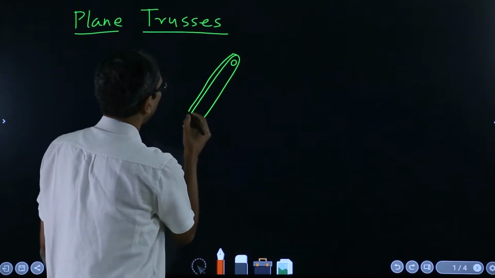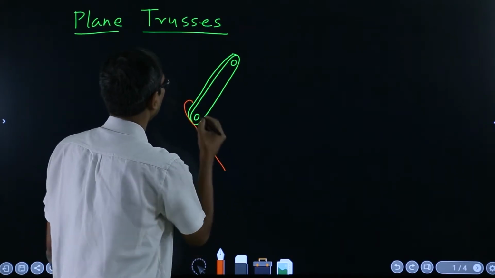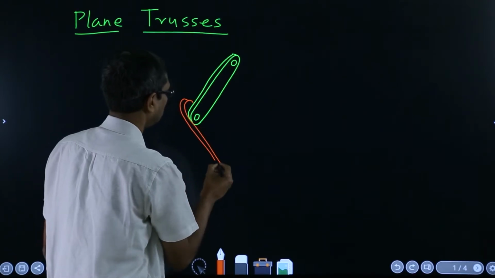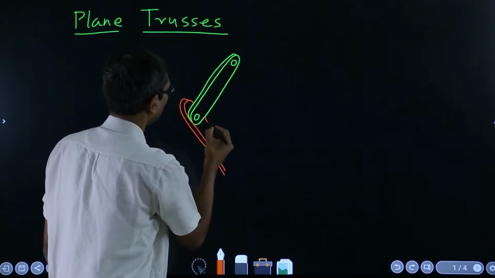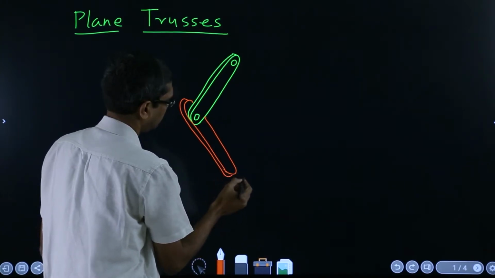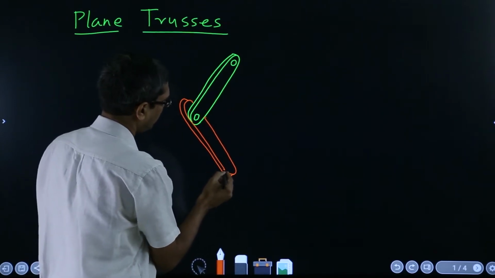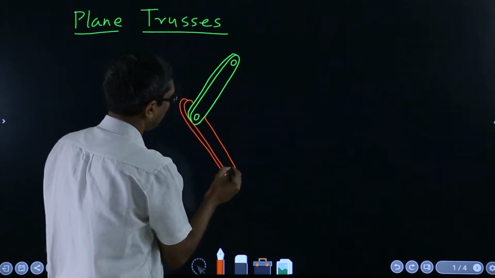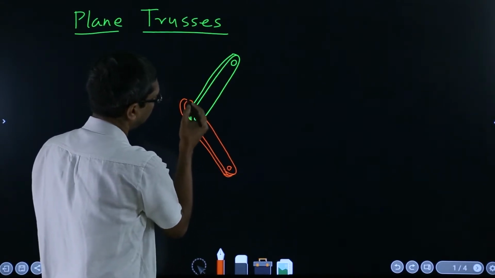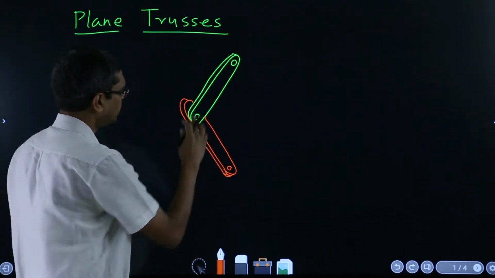Suppose you make it like that. Now you put a pin over here and through the other bar also, and they basically join with each other.